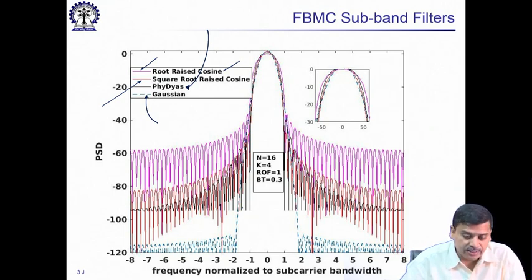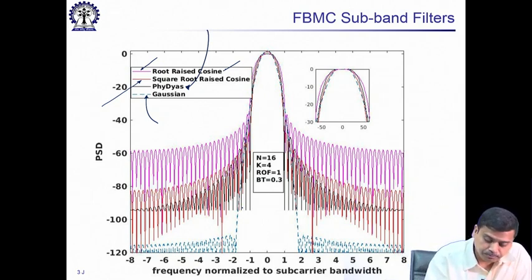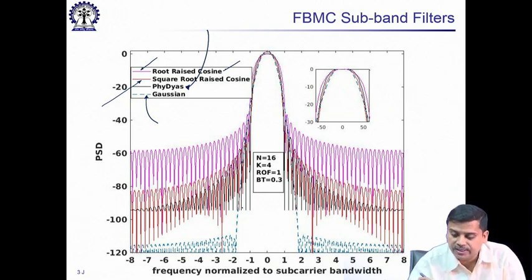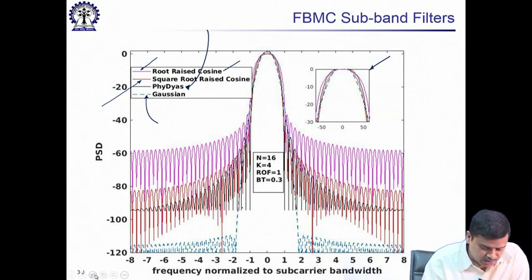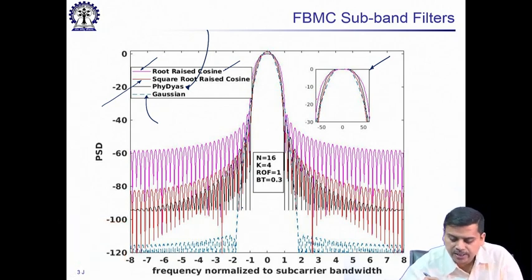What we find is that the root raised cosine, which is a little bit pinkish, as we can see over here, the out of band, if we focus in this inset picture, and let us take the appropriate color to help us. Yeah, let's take this red color instead, and we trace it.